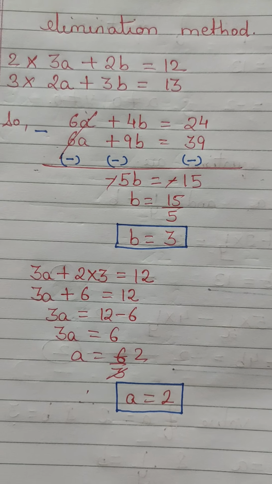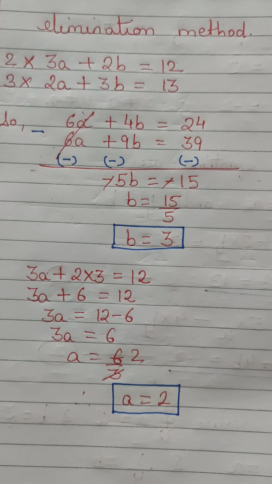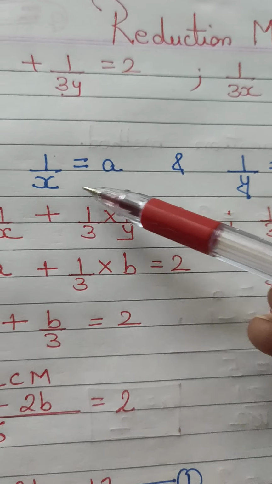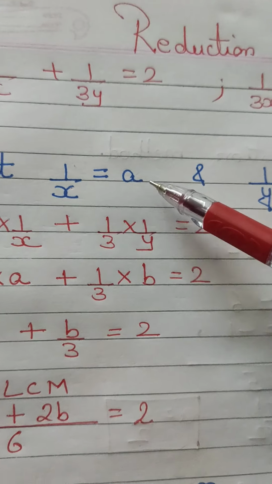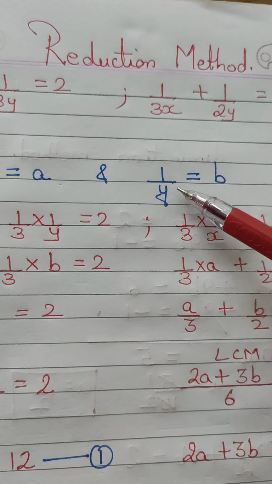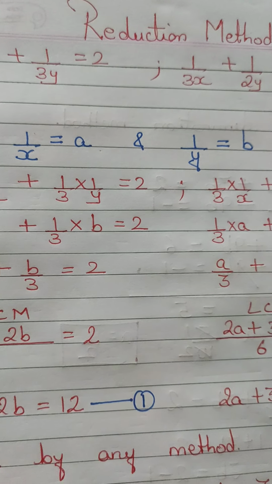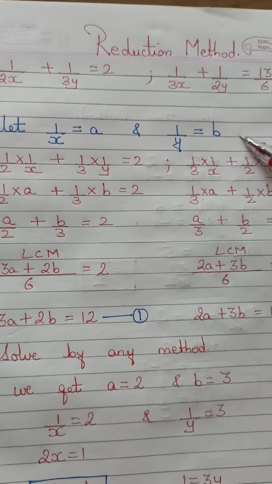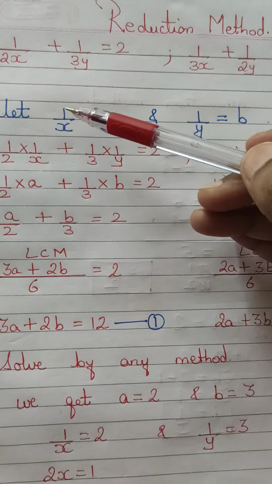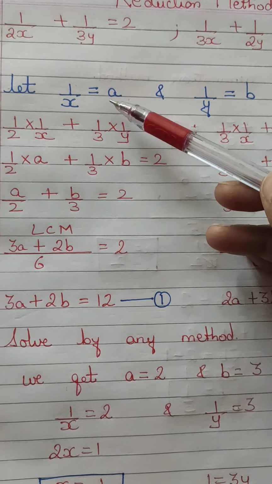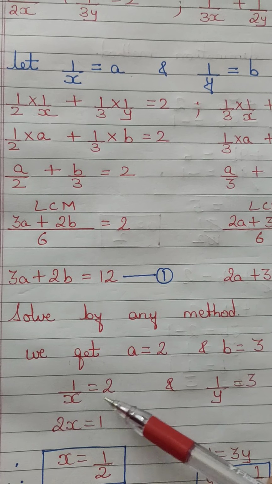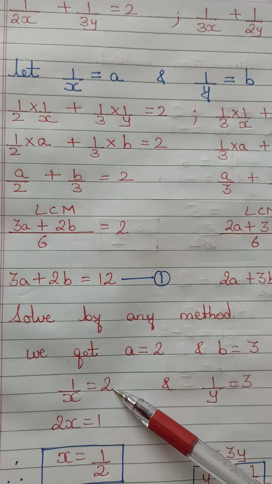Is it okay? Now, we'll substitute these values of a and b where we had assumed that 1 upon x is equal to a and 1 upon y is equal to b, because ultimately we are supposed to find the value of x and y. Is it okay? Now 1 upon x is equal to a. So I'll write 1 upon x is equal to, what is the value of a? 2.